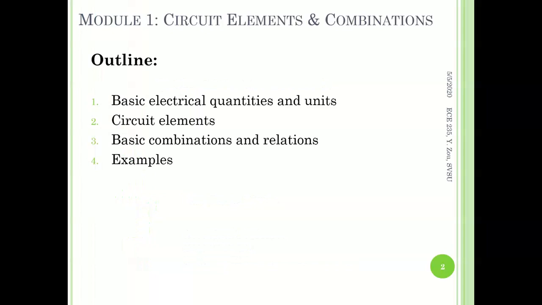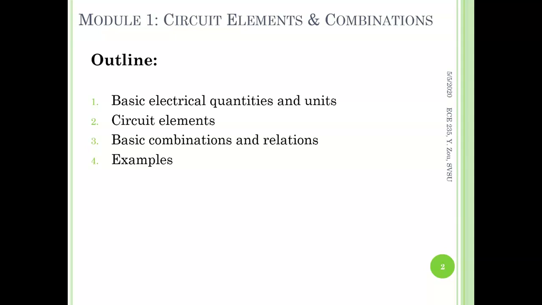And today we're going to start learning Module 1, circuits, elements, and combinations, which is also our very first topic regarding circuit knowledge. This module will cover the following things. First, we will talk about the basic electrical quantities and units.